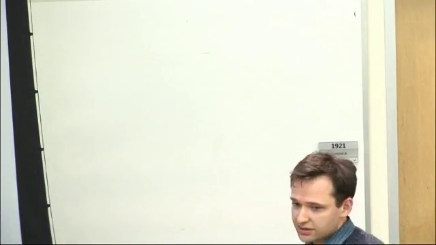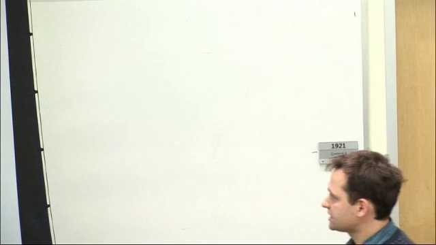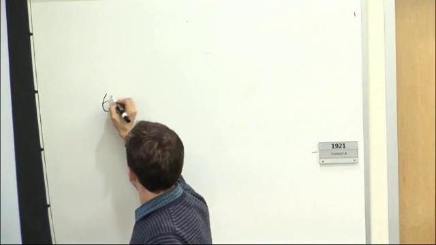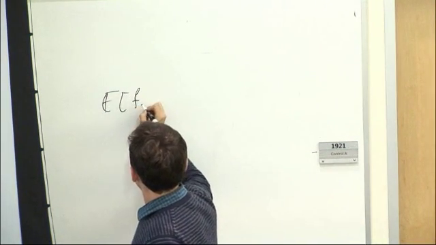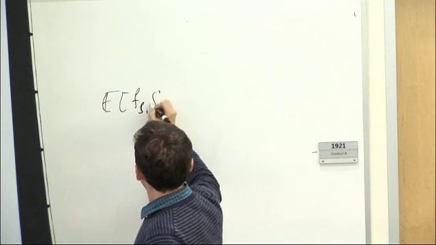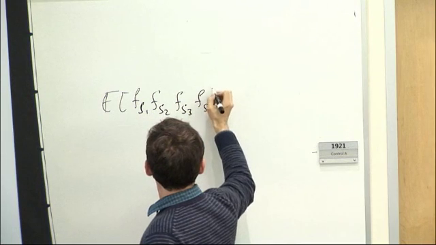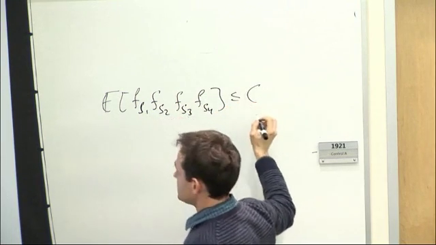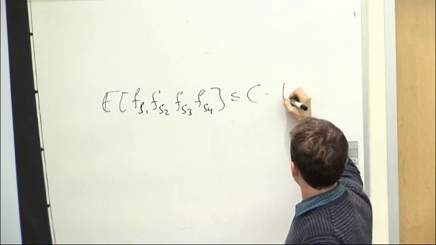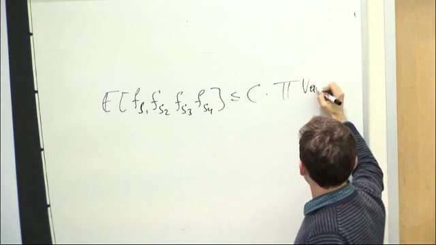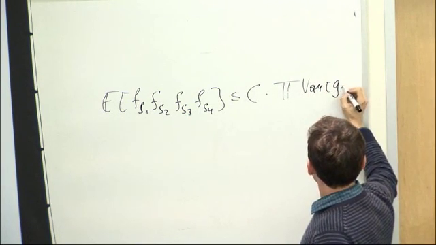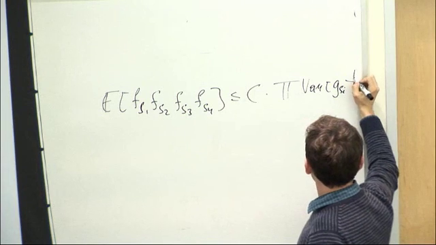And recall that this additional condition that we require says that the expectation of the product of f_S1, f_S2, f_S3, f_S4 is less than some constant c times the product of the variances of g_Si squared.